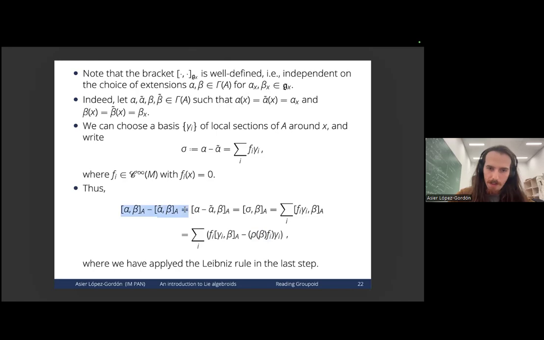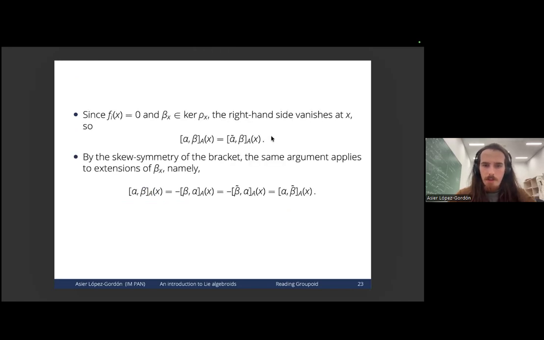So this vanishes at x. That is, these two brackets are the same. And for the second argument of the bracket, since the bracket is skew-symmetric, the argument is completely analogous. So this shows that it doesn't matter which extensions we use for defining this bracket.